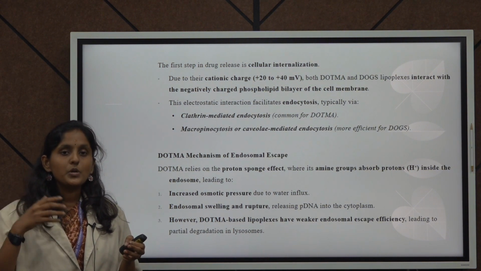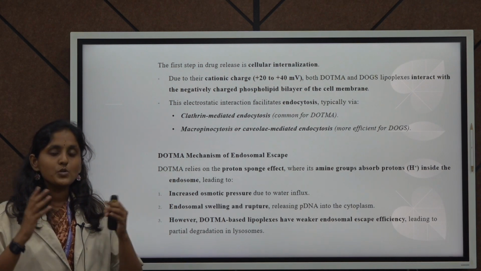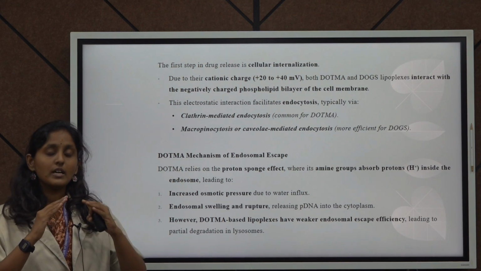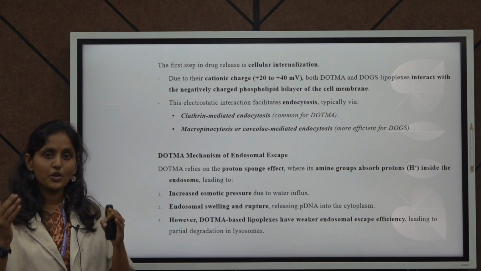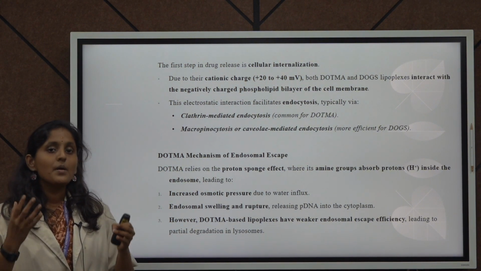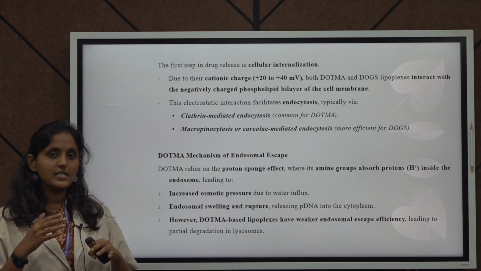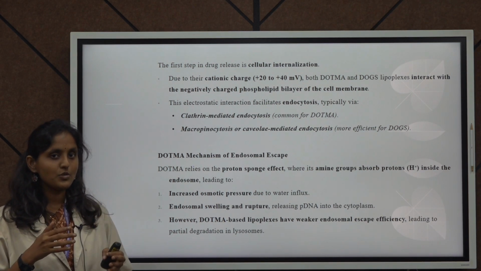Due to the water influx, osmotic pressure is going to build up, and the endosome will break along with the destruction of the structure of DOTMA, and the plasmid DNA is released into the cytoplasm. But compared to DOGS, DOTMA is going to have less efficiency in delivering the plasmid DNA to the nucleus.